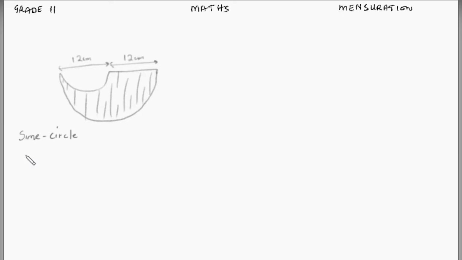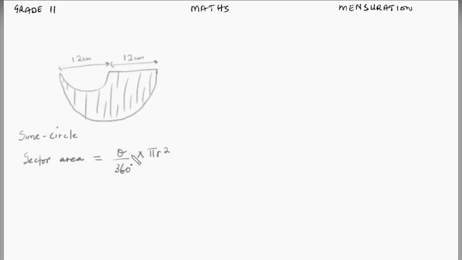In grade 10 we did talk about the area of a sector. The sector area equals angle theta over 360 degrees, multiplied by the area of a circle, which is pi r squared.